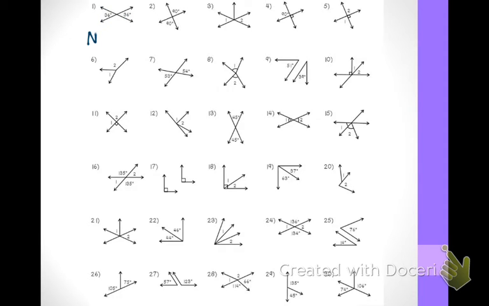Now we need to decide if they're complementary. Complementary means they add up to 90. If you add 36 and 36, do they add up to 90? No. Supplementary, do those two add up to 180? Linear pair, do they add up to 180? No, and they're not even together. Vertical angles, are they vertical? Yes, so you'd write NV. That's how you do all of these. You need to decide, are they adjacent or non-adjacent? And then decide from there.